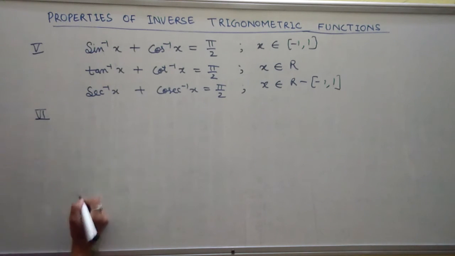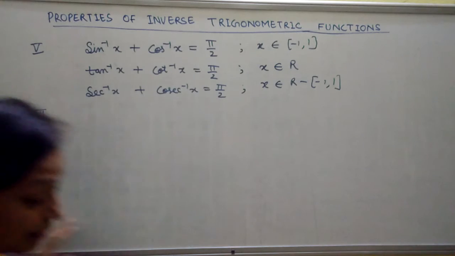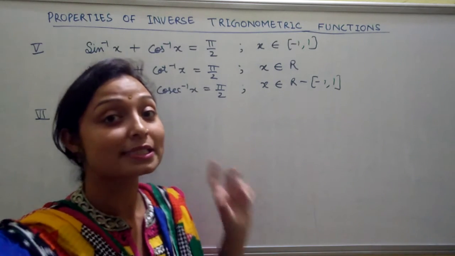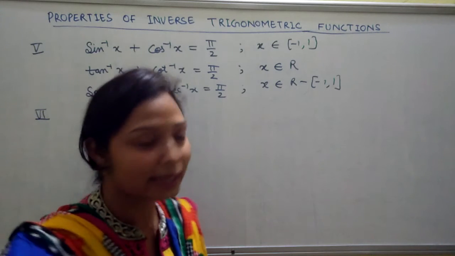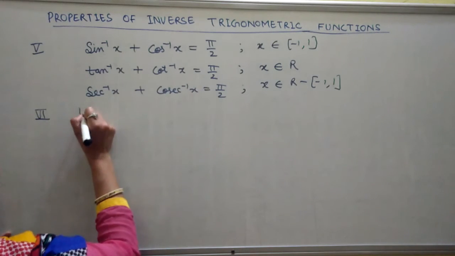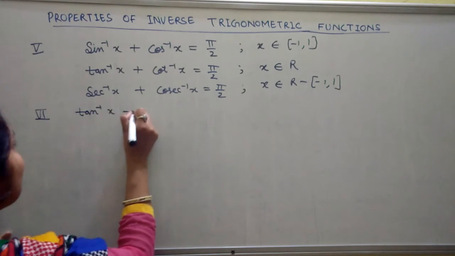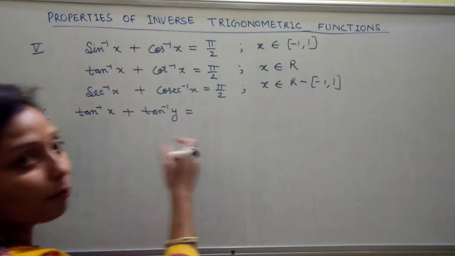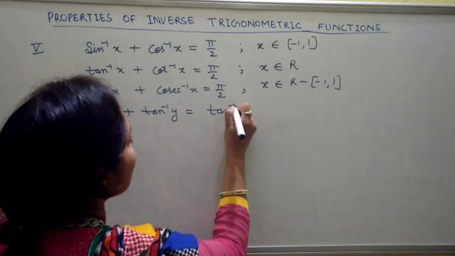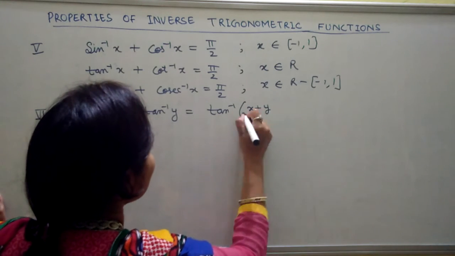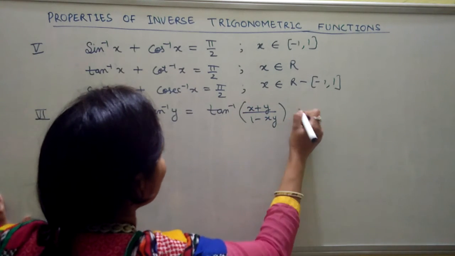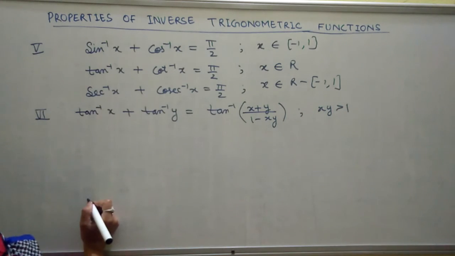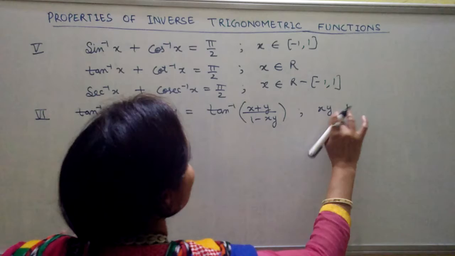Now come to the sixth property. That is very important. So many questions of board exams are based on the 6th and 7th properties. Okay, what is the 6th property? Tan inverse x plus tan inverse y. What is the formula? That is tan inverse of (x plus y) upon (1 minus xy). But the condition is xy less than 1.